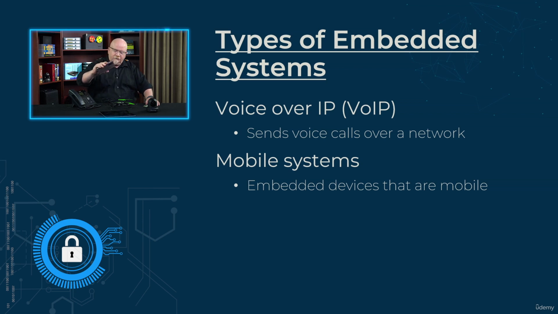But the important thing to remember, even if it's a mobile device, it's still embedded. It's got a fixed amount of RAM, a fixed CPU, a fixed operating system. Yes, Apple will come and update it every now and then, but you're not going to be running Linux on this iPad. Not going to happen. And it has a specific type of use, and that is, in this case, to be a tablet.